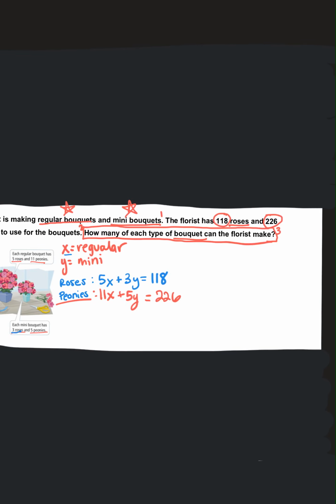Okay, if I were to stop here, I know that 11 plus 5 is 16, and 5 plus 3 is 8, and none of those things are going to eliminate, so I have to do some manipulating. I see that the 3 and the 5, those are our smallest numbers to work with, so I'm going to work with eliminating the y's first. So I also know I can't multiply 3 to become 5, and I can't multiply 5 to become 3.